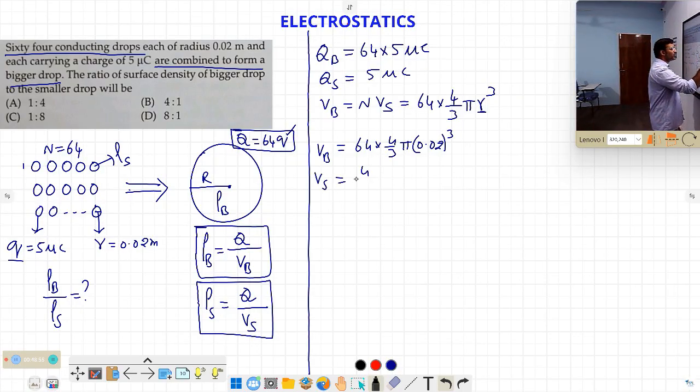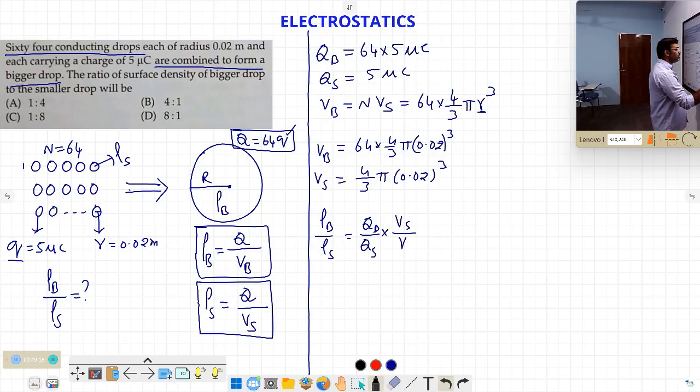Now what is the volume of the small drop? Volume of the small drop is directly 1 drop, 4 by 3 pi r cube, that is 0.02 whole cube. Now substitute this value. Density of the big drop to the density of the small drop is equal to charge of the big by charge of the small drop, into volume of the small drop by volume of the big drop. So if you substitute the values, what is QB by QS?